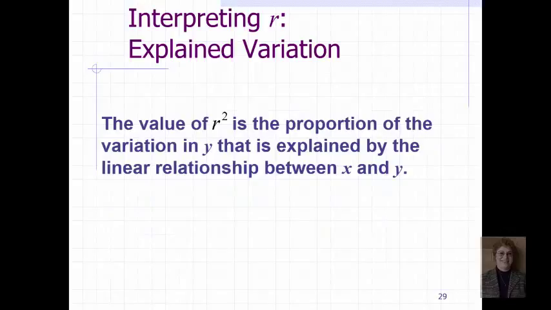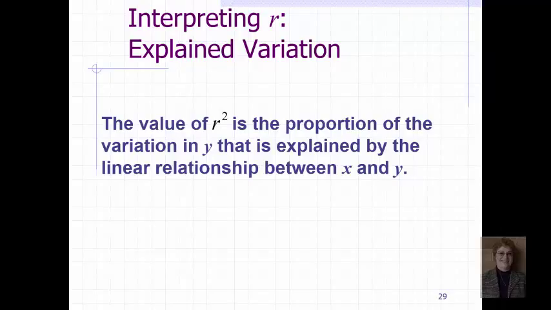Now, what we want to do here is talk a little bit more about R. When we square our R value, it tells us the proportion of the variation in Y that's explained by the linear relationship between X and Y. And one of the things we can do here is, let's say we did 40 pairs of shoe print lengths and heights, and the linear coefficient is 0.813.